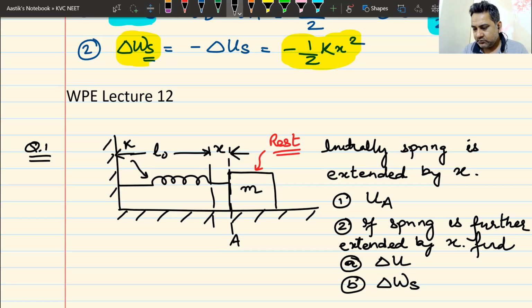And x, the initial extension in the spring. In the question, they might give you some values for k. So your answer should come in terms of these three quantities: k, x and m. Your time starts now. I'll give you a minute.